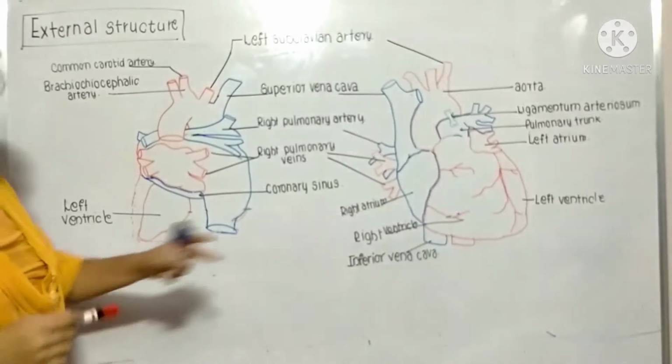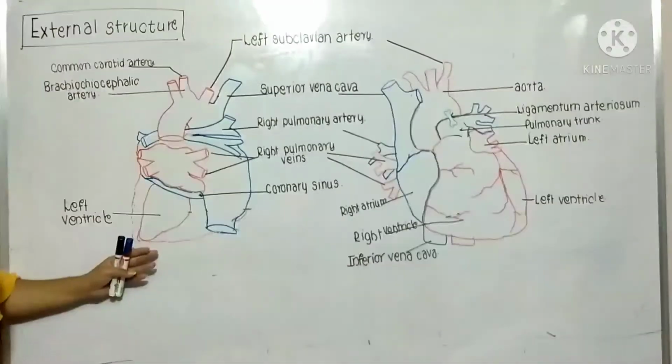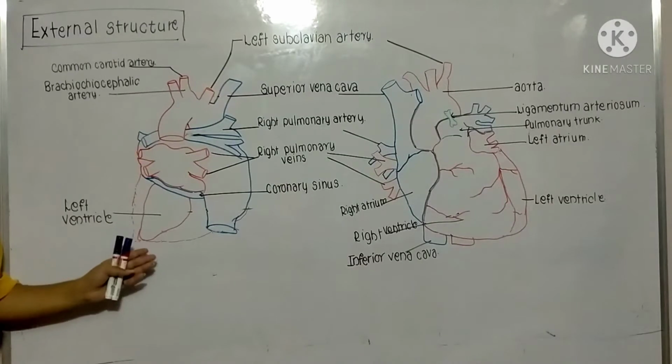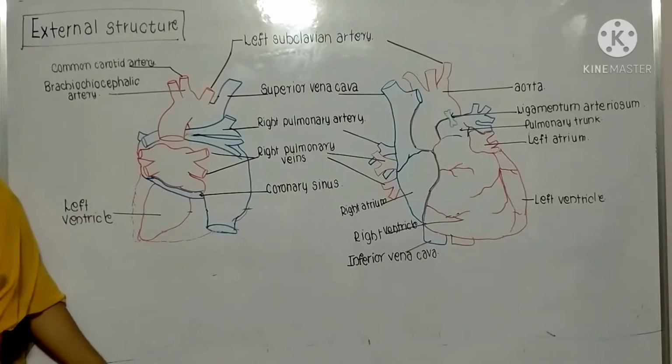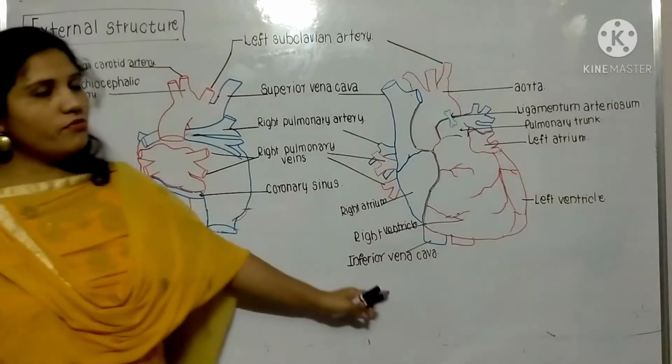See, the human heart, this one that I have drawn, the dorsal view and the ventral view are there. Okay, so this is the dorsal view, this is the ventral view.